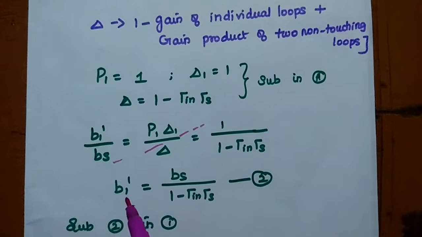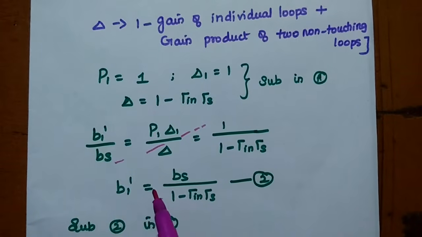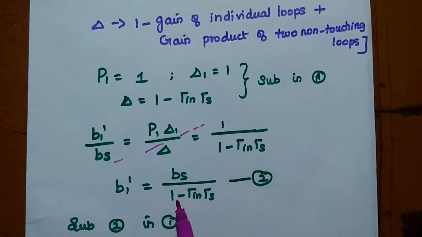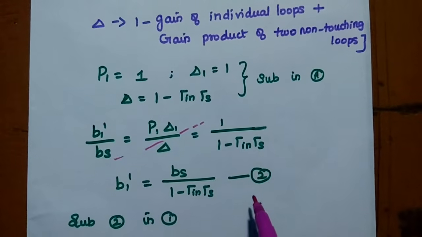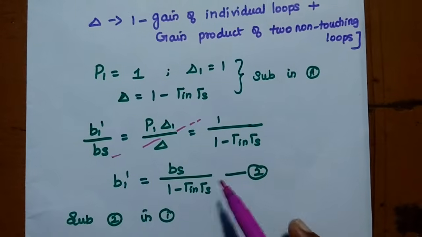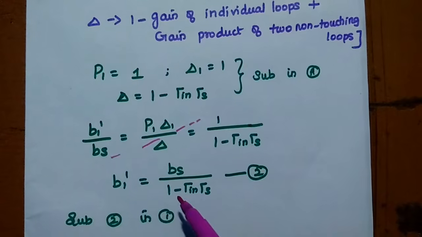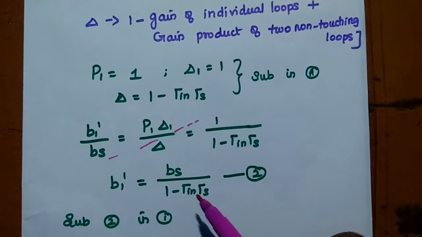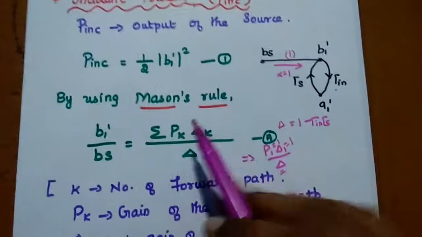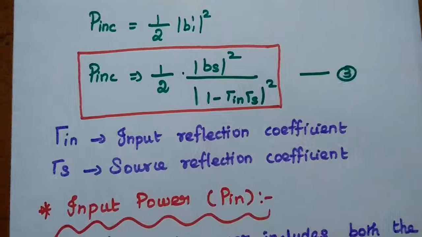So we get B1 dash is equal to Bs divided by 1 minus gamma in into gamma s. Consider this as the second equation. We are going to substitute the value of B1 dash as Bs by 1 minus gamma in into gamma s in the first equation. This is the first equation, right?